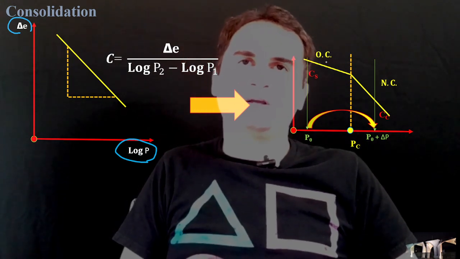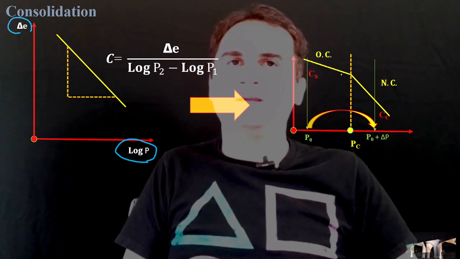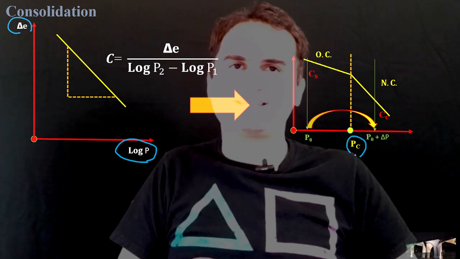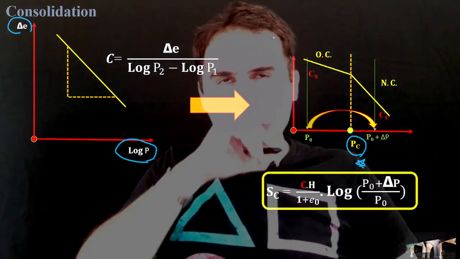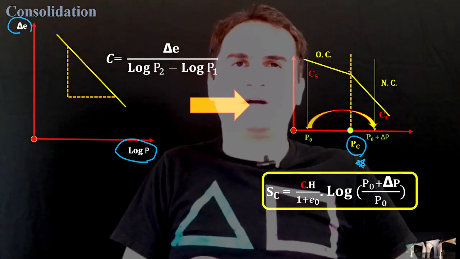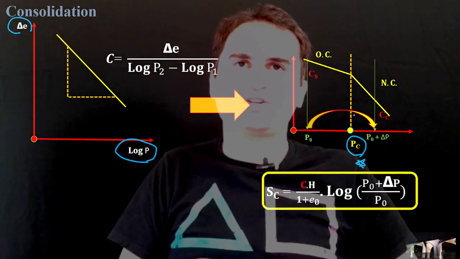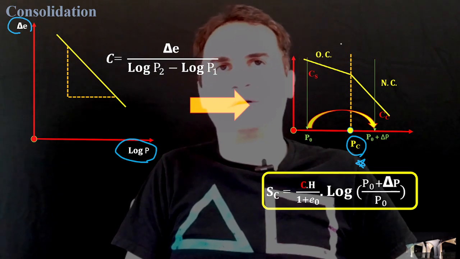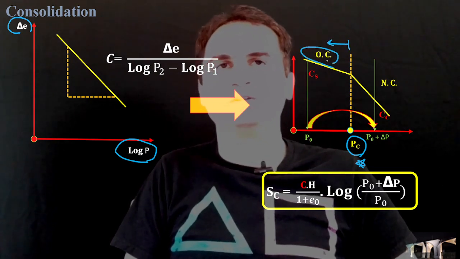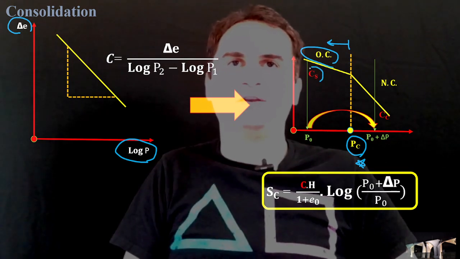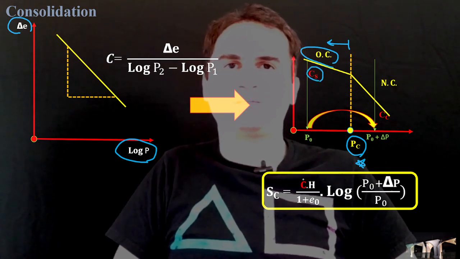In a soil, we can have two parts. PC, we'll talk about it, and just assume this line as a separation line. If you are before this line, you are in over consolidated soil, and you need to use this coefficient, CS.